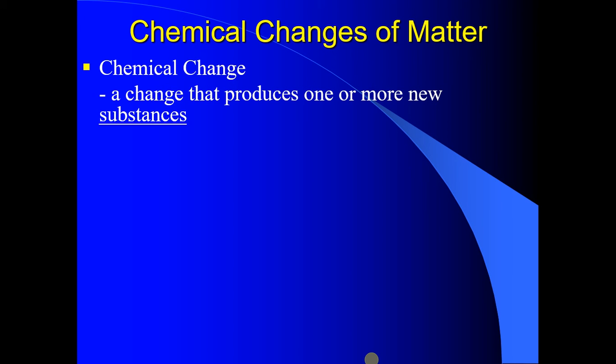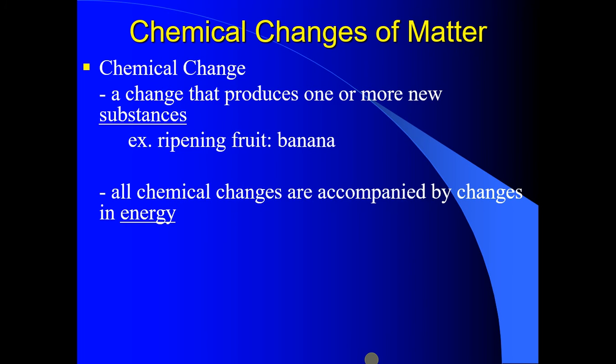Chemical changes are then changes that produce one or more new substances. So usually when we observe the chemical properties of a substance, it is because it's undergoing a chemical change. So for example, the ripening of fruit or the rusting of metal, all examples of chemical changes happening. The substance is chemically turning into something else.